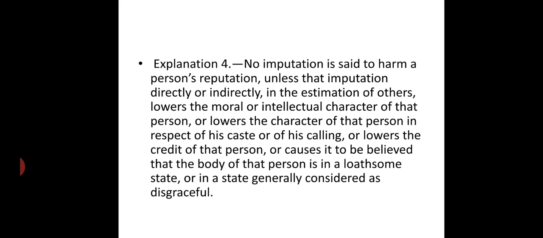In Ashok Kumar Jain versus State of Maharashtra, it was held that where a defamatory statement against a person is published in a newspaper, the editor, printer and publisher who has made a declaration and is shown in the paper as such is liable.